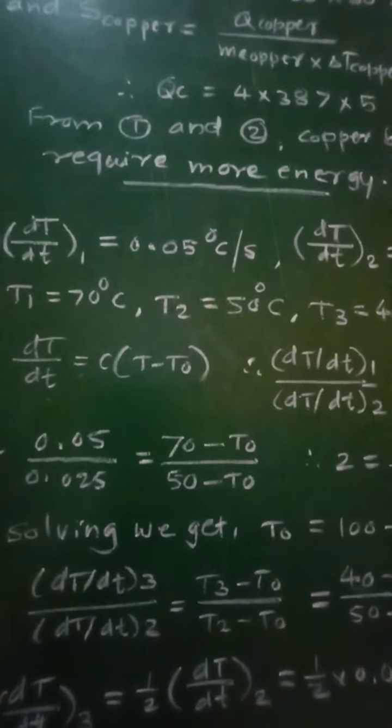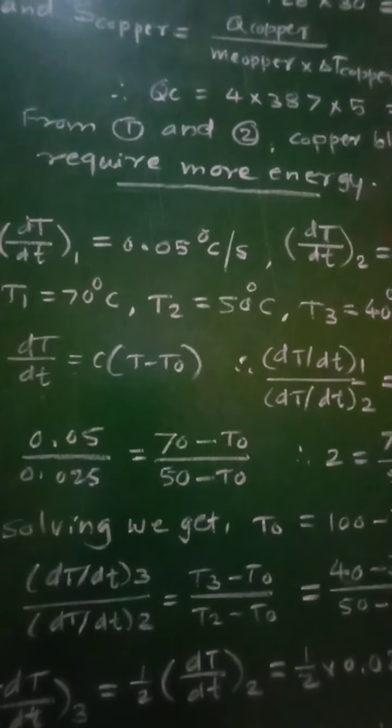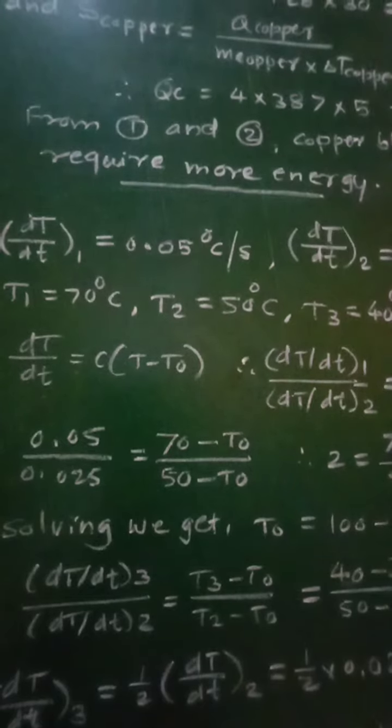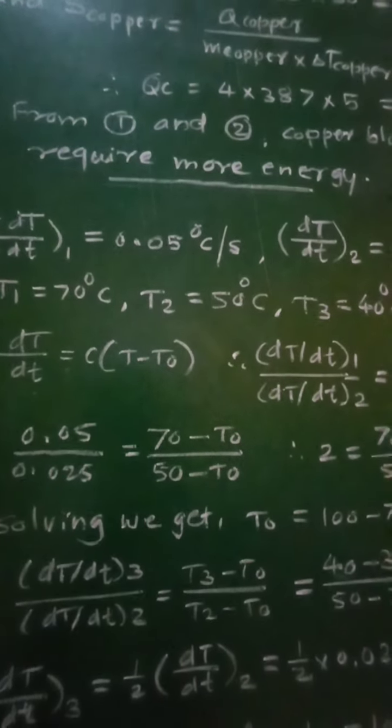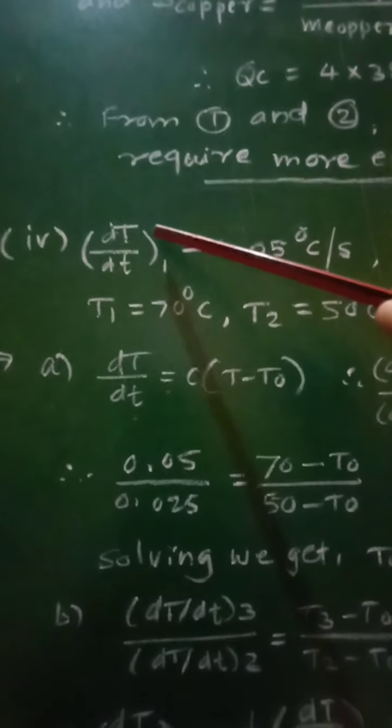Determine the temperature of the surroundings and find the rate of cooling when the temperature of the metal sphere is 40 degrees Celsius.